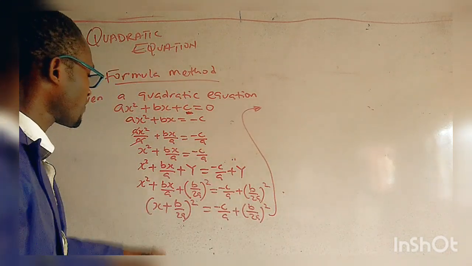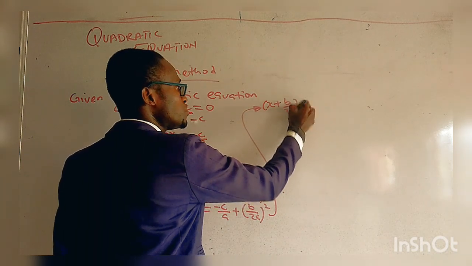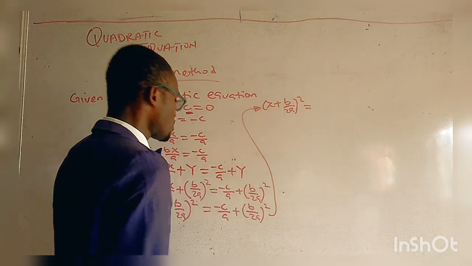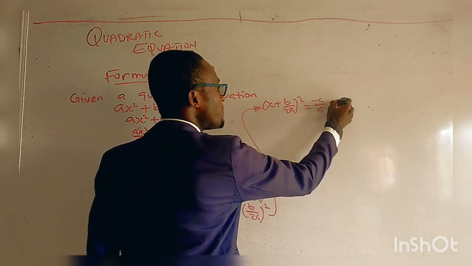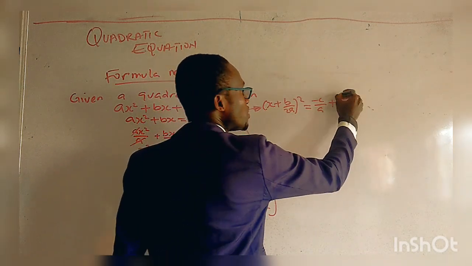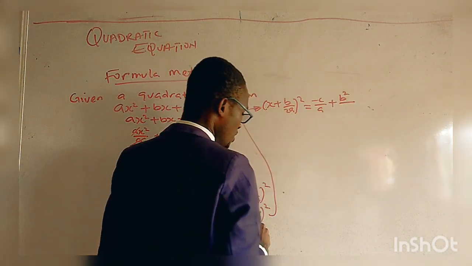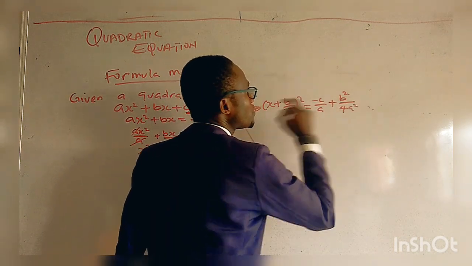Coming to this place, we now have (x + b/2a)² equals minus c over a plus the square of this, which will be b squared all over the square of 2a. The square of 2 is 4, and the square of a is a squared, so 4a squared.